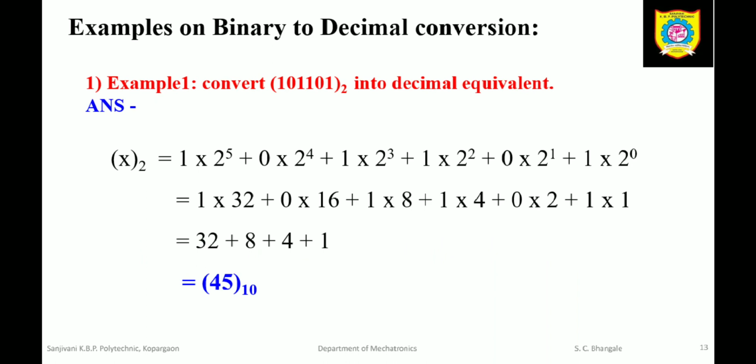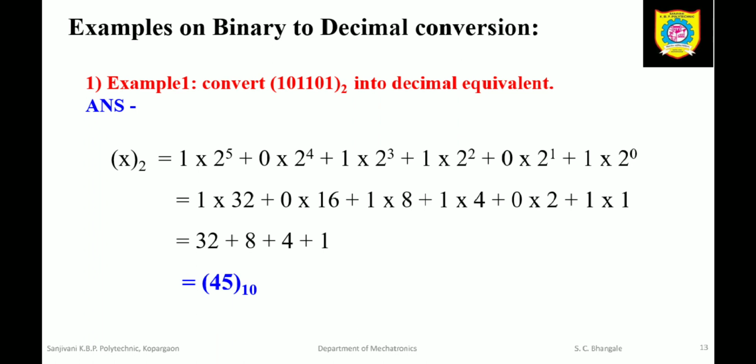Suppose the given binary number is 101101. Again we will start from the right side. Considering the positional weight number system, multiply each digit by its position to the 2's power.